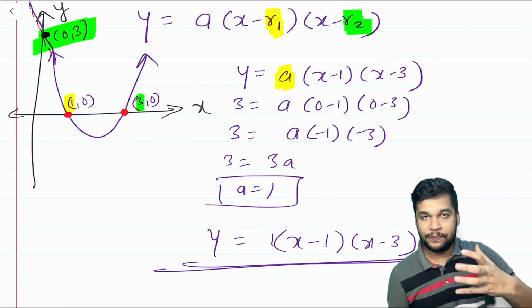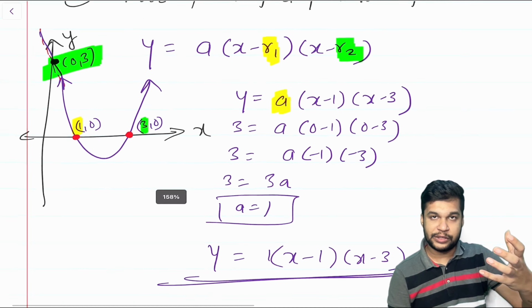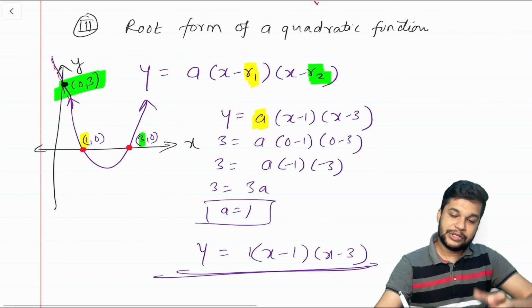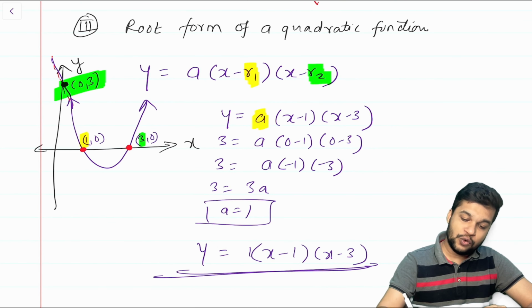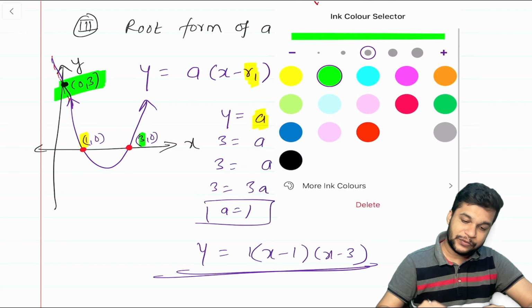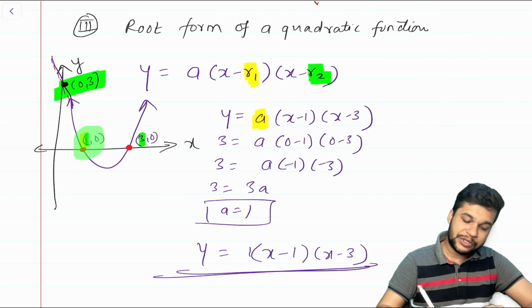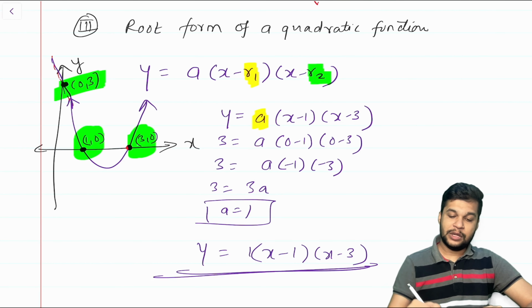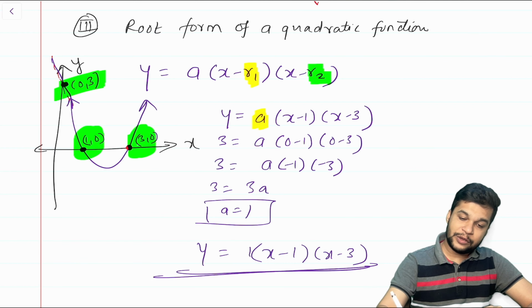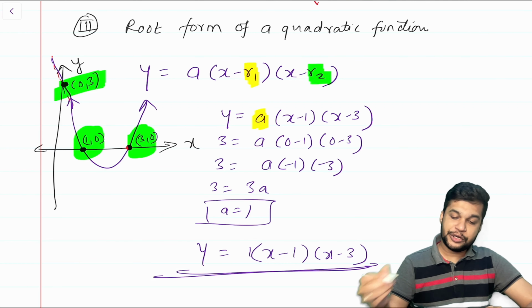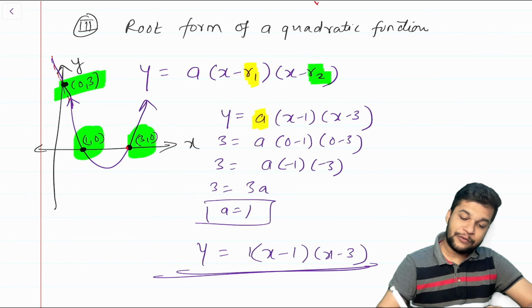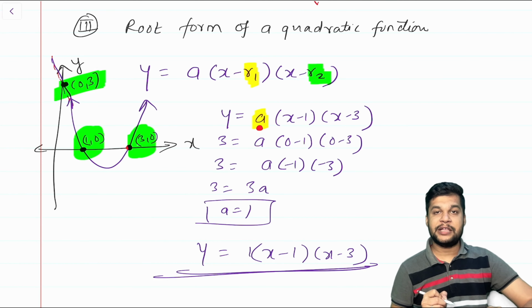So this is how you do it. If you want, you can go through the process. What is the first thing? The first thing is you observe the roots, which is 1, 0 and 3, 0. Once you observe the roots, then you substitute it over here. Once you have substituted that, then you will have to find the value of a.